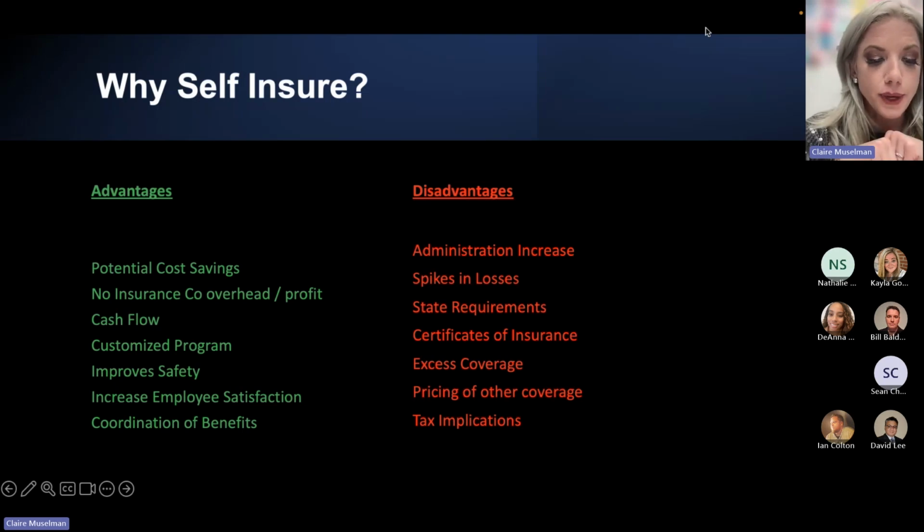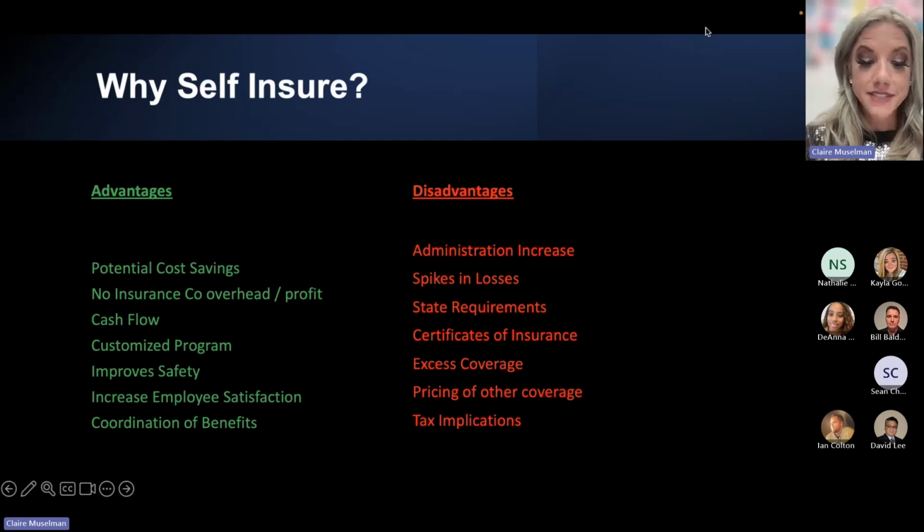From a cash flow standpoint, loss payments can be spread over 2, 3, 5, 10 years. And then you can look at the investments with the gains that are realized as a result of that. You can have customized programs because it's your money. So then you can develop and pick the vendor partnerships that you want, and you get to be fully responsible for who is going to be a part of your program, again, because it's your money.